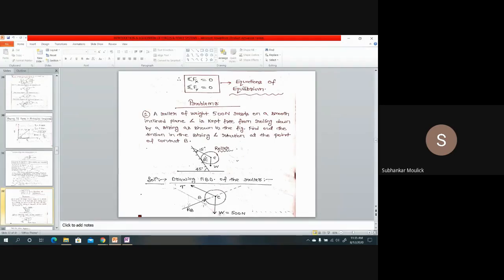Then a string is connected to the roller at an angle of 15 degrees. I have to draw this string. Let us draw the string.